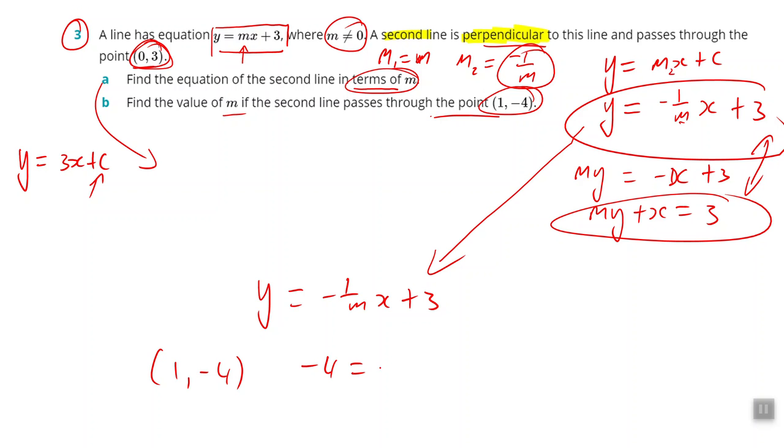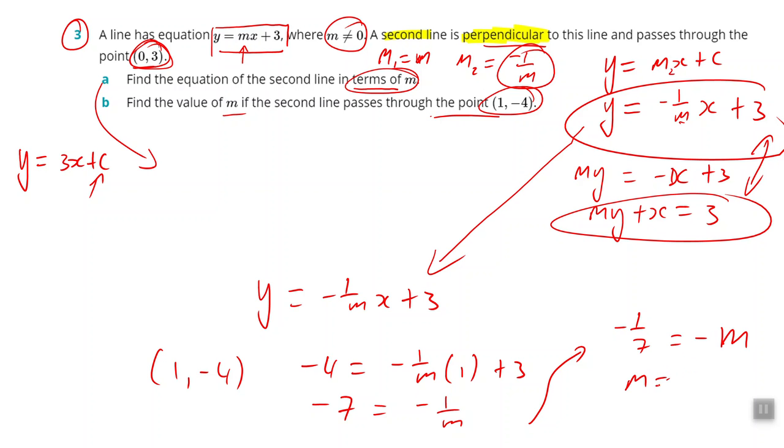So -4 equals -1 on m x, which is 1, plus 3. Rearrange, so subtract 3 from both sides, and you get -7 equals -1 on m. Flip it, so you get -1 over 7 equals -1 over m, so multiply both sides by negative, and you get m equals 1 over 7.